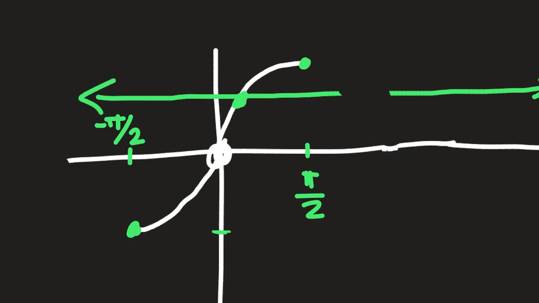The smallest y value for sine is negative 1, and the largest is positive 1. So from negative pi over 2 to positive pi over 2, I get one of every possible y value for the sine graph. That's how we get around this business of it not being invertible: we restrict the domain.